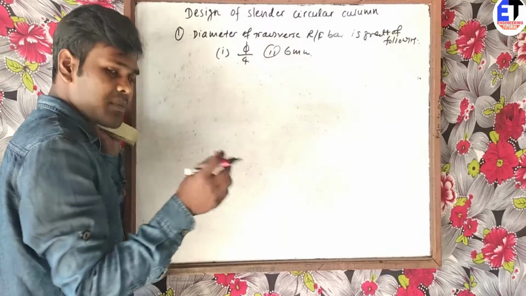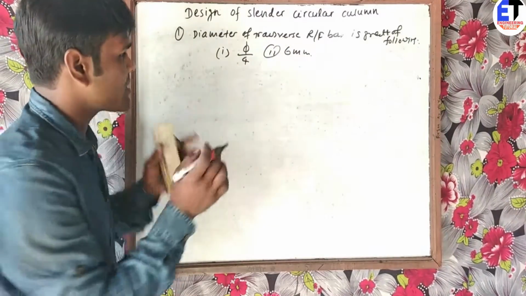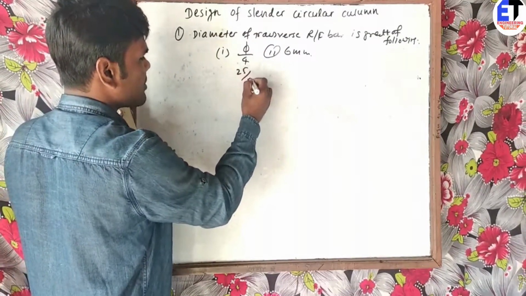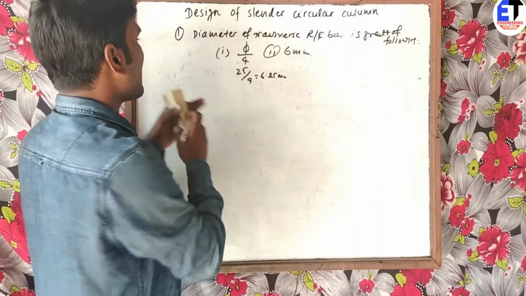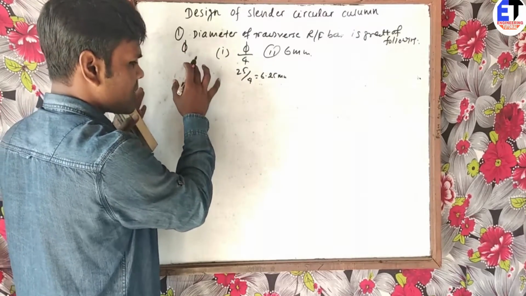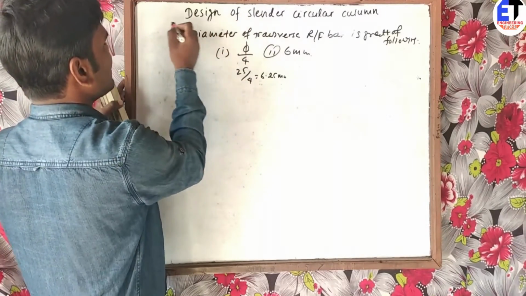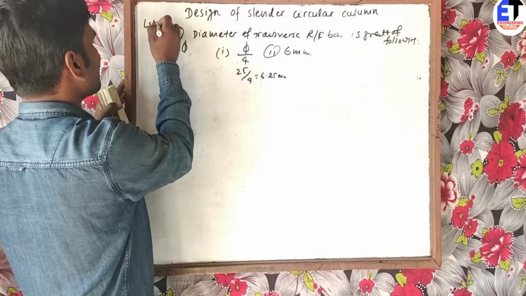Here phi means the diameter of the main reinforcement. So 25 by 4 gives 6.25 mm, and the diameter of the lateral ties is taken from this calculation.